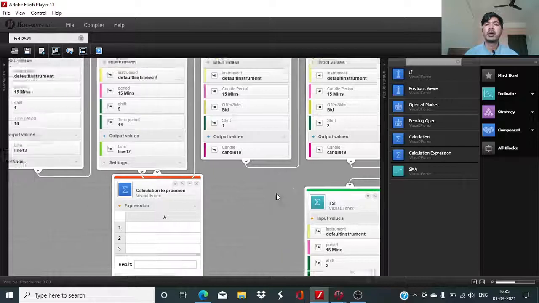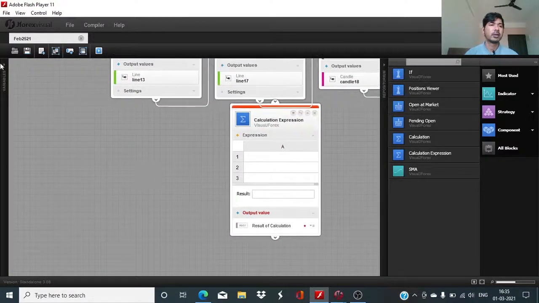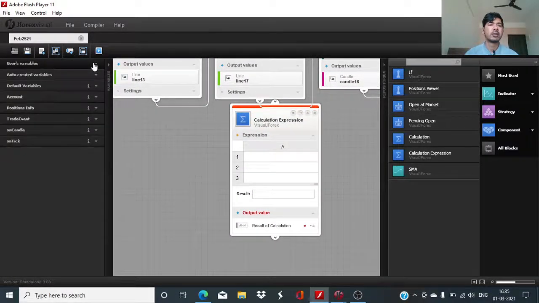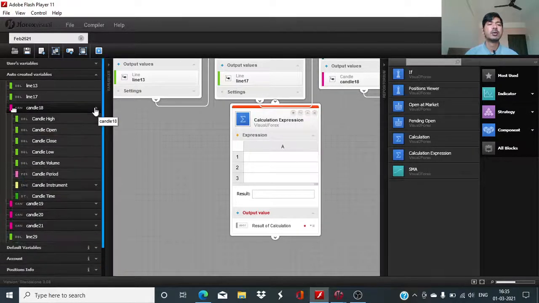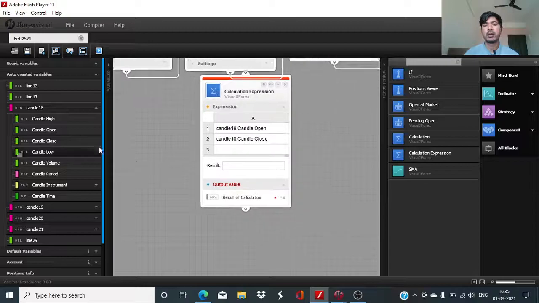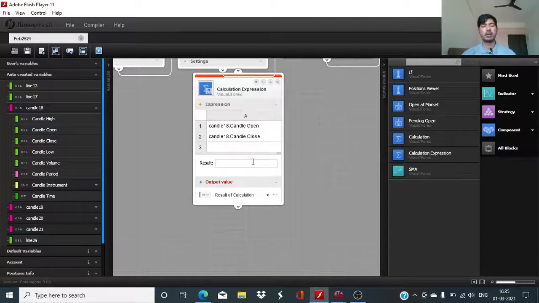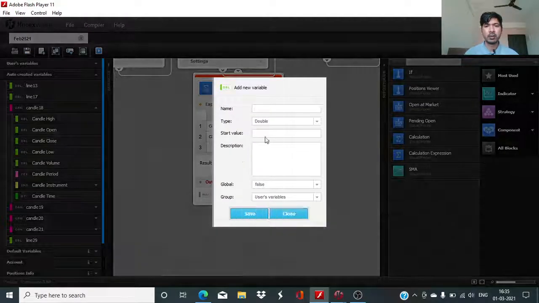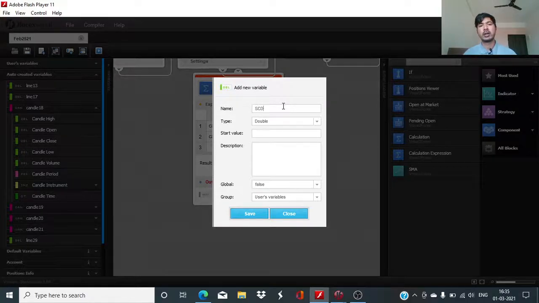and here candle 18's, and now we will look at the opening price and the closing price, and this A1 minus A2, sell side candle difference.